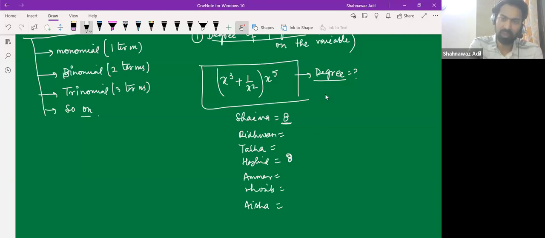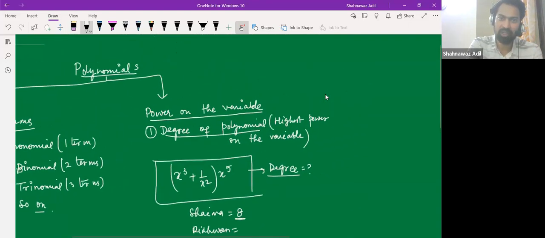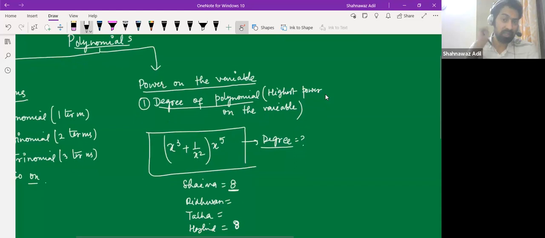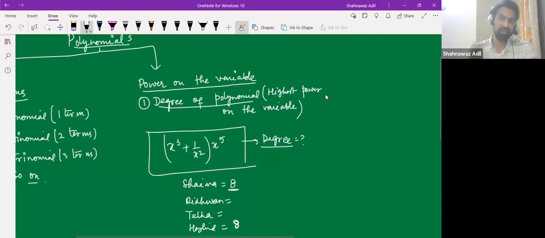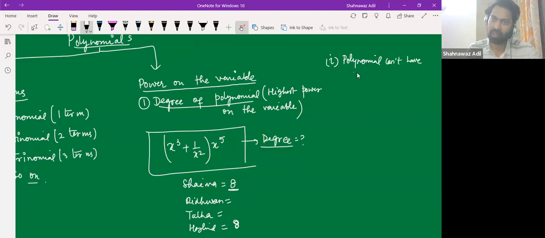So let me revise that part. There are two criteria that must be fulfilled to say that something is a polynomial, right? The first was that a polynomial can't have negative powers, right?